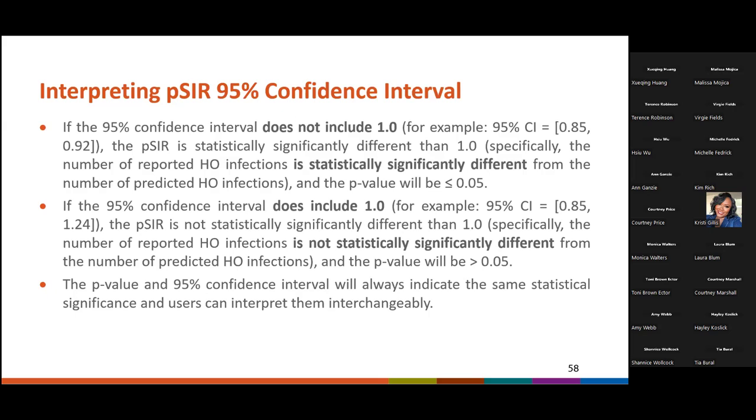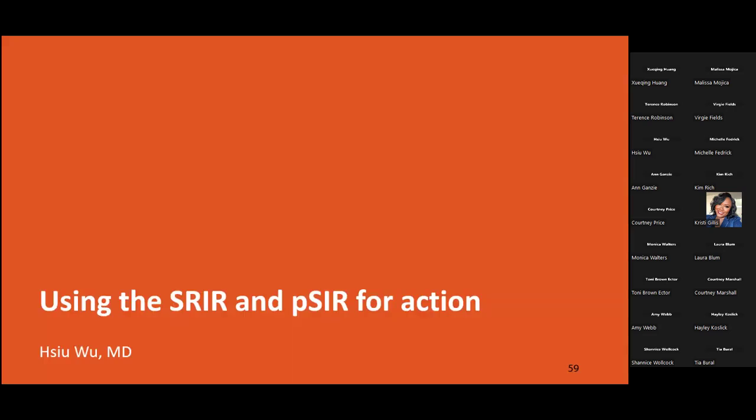If the 95% confidence interval does include one, the p-value will be greater than 0.05, which indicates the number of reported hospital onset infections is not statistically significantly different from the number of predicted hospital onset infections. Again, the p-value and the 95% confidence interval will always indicate the same statistical significance, and users can interpret them interchangeably. I'll now turn it over to Sho to discuss how to use the SIR and the pSIR for action.